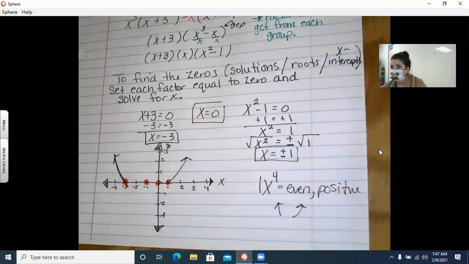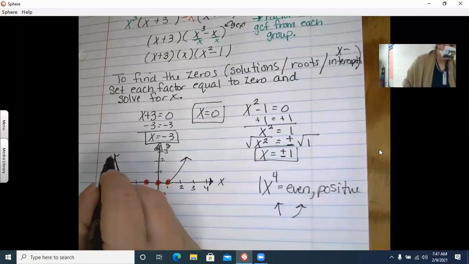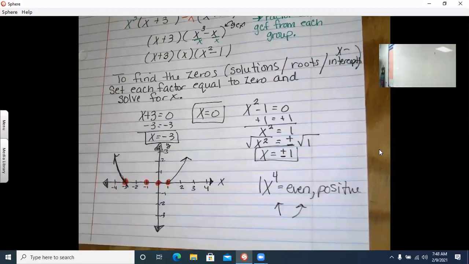So going from left to right, we have to fill in the graph between the zeros.